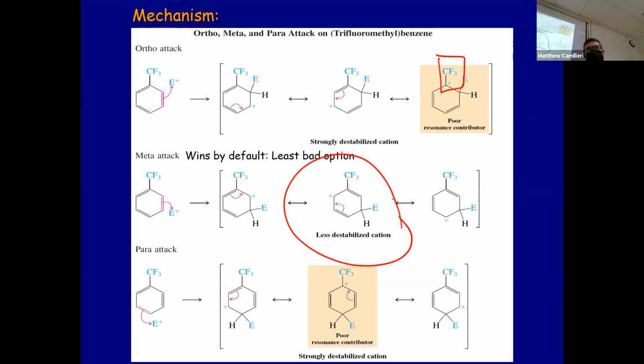It's still not stabilized, but it's gonna be the most stable cation, the least destabilized. So here we're not speaking about being the most common, we're saying it's the least destabilized. It's not happy, but it's the happiest.